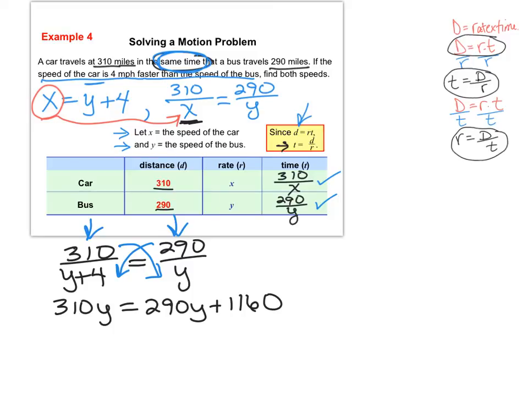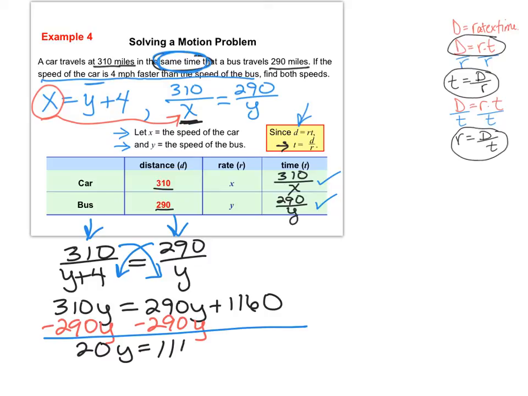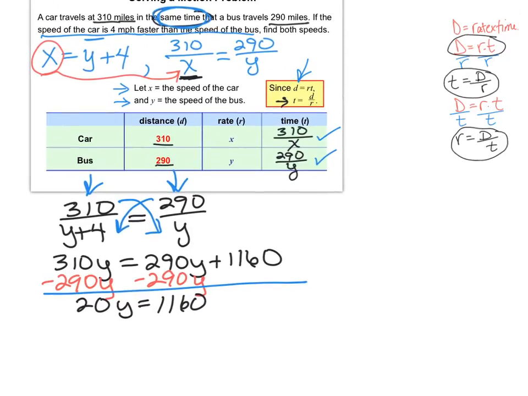We can solve this by subtracting 290y from both sides, and the resulting equation is 20y equals 1160, and then we divide both sides by 20, and we get y equals 58.